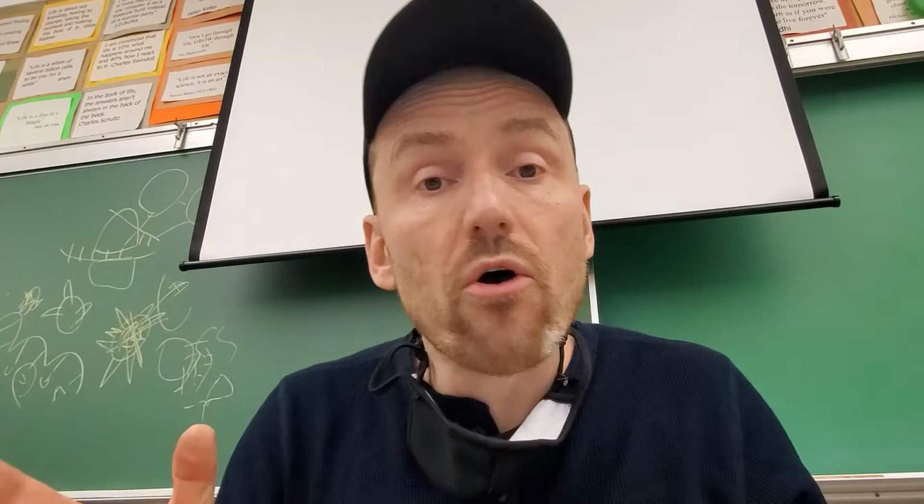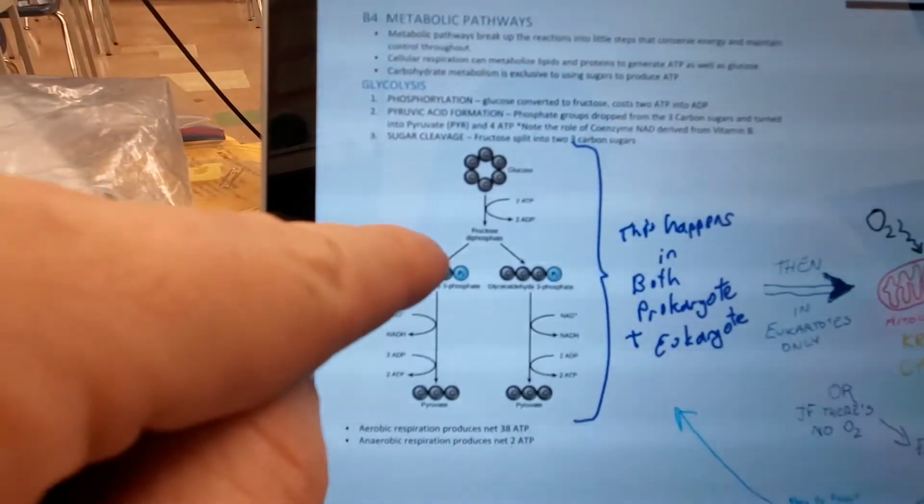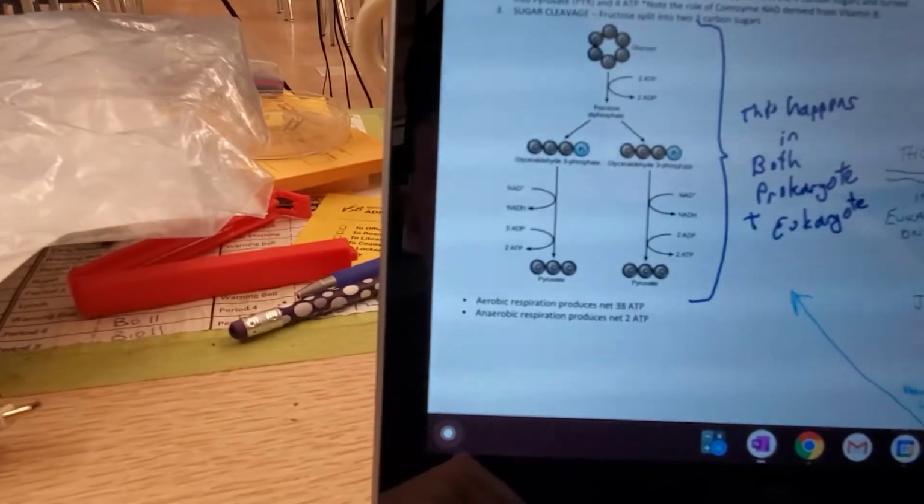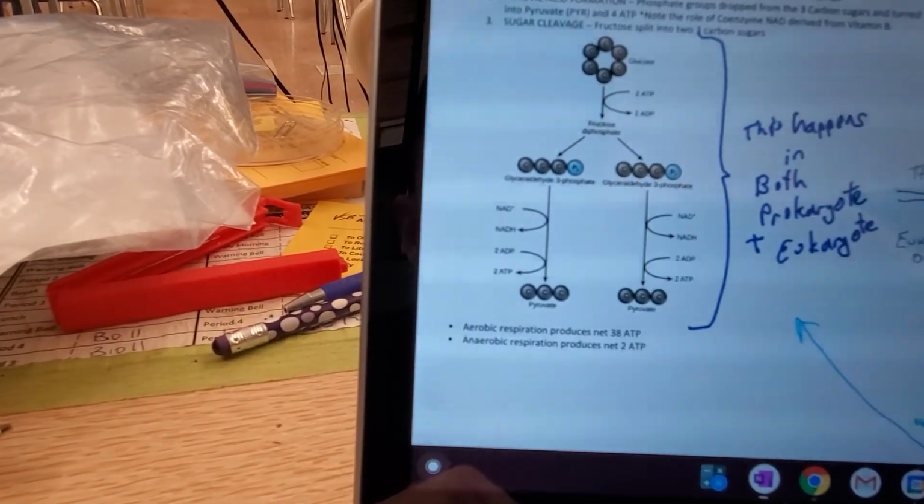Prokaryotic cells have no compartmentalization, no nucleus, everything is just in the cytoplasm. So prokaryotic and eukaryotic cells will do glycolysis, which is basically they take a glucose, turn it into fructose, then the fructose gets split into these two 3-carbon units.